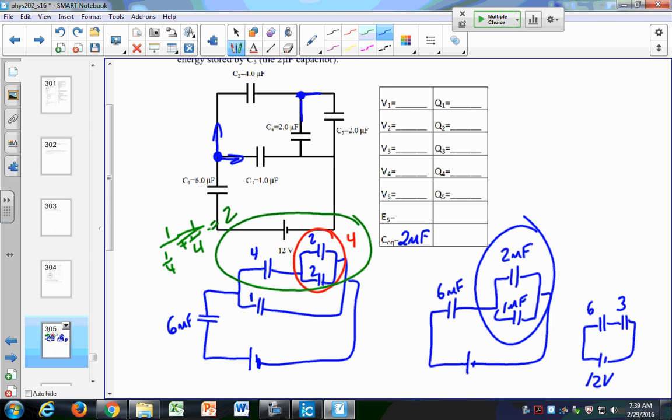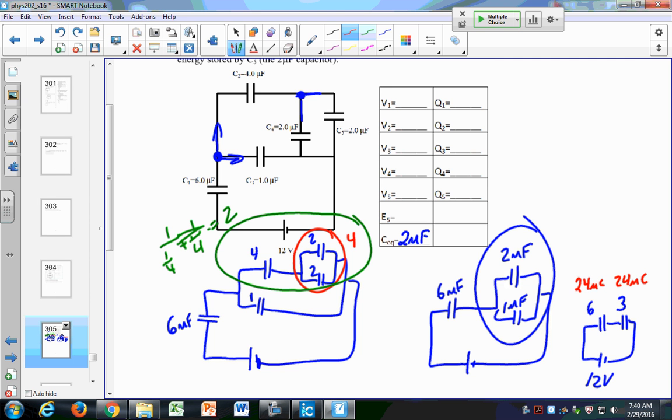You can find the equivalent capacitance, which we've already said is 2 microfarads. 1 over a 6 plus a third is equal to 2. If the equivalent capacitance is 2 microfarads, that means the charge on that equivalent capacitance is 2 times 12, or 24 microcoulombs. So each of these capacitors has 24 microcoulombs of charge.